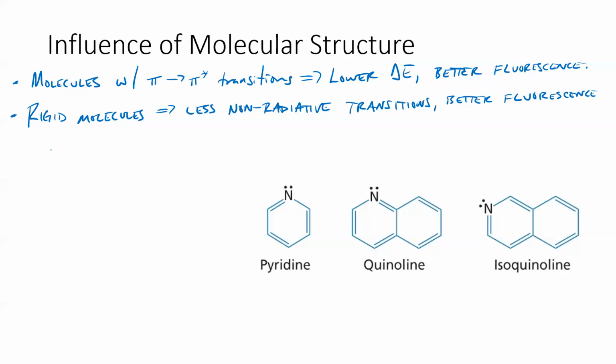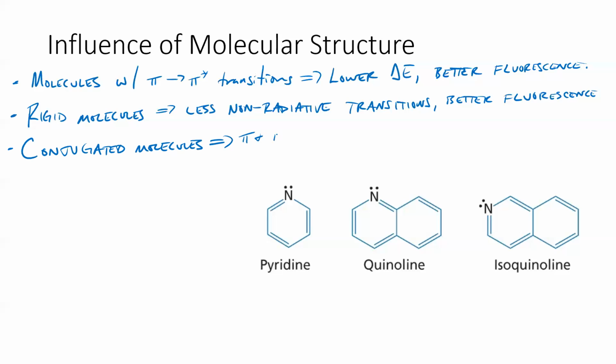And so sort of as a rule, rigid and conjugated don't always go together, but often they do. And conjugated molecules are just molecules where usually that pi to pi star is a very small delta E, right?